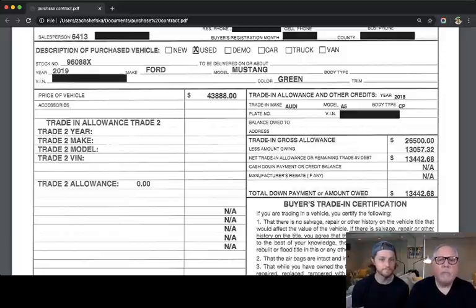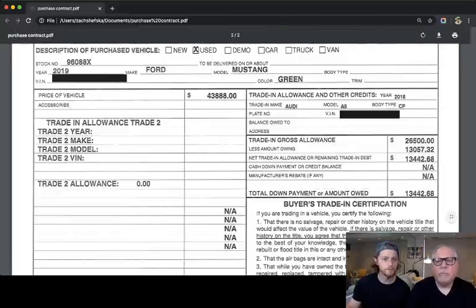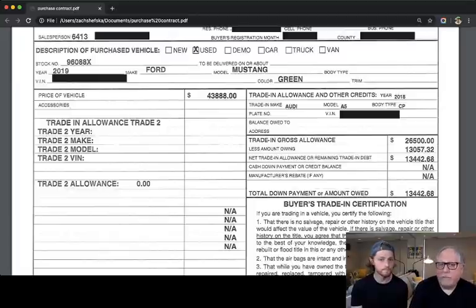Yeah. So then you have your selling price. You would have your trade allowance, which you can see over on the right. I was a little confused why they had over here on the left trade 2 with nothing. Well, because if there's more than one trade, you have to have some place to show it, and in most states you can only get a tax credit for the one trade.